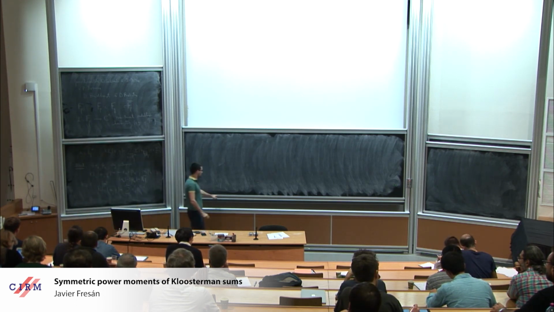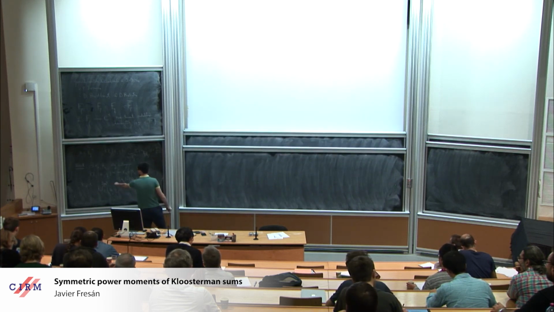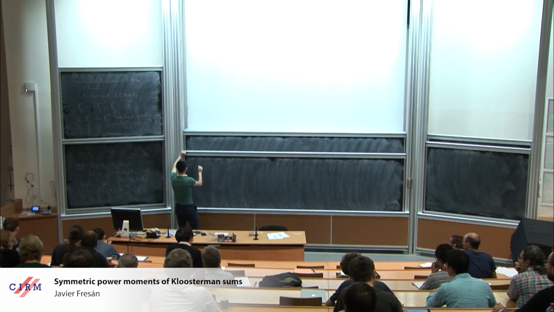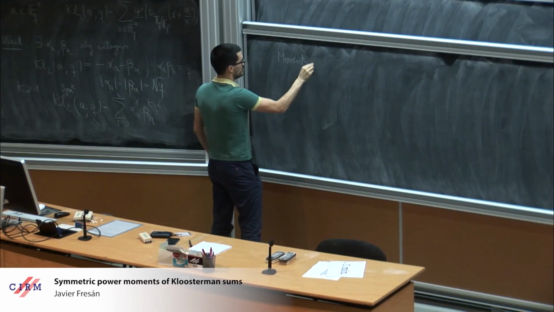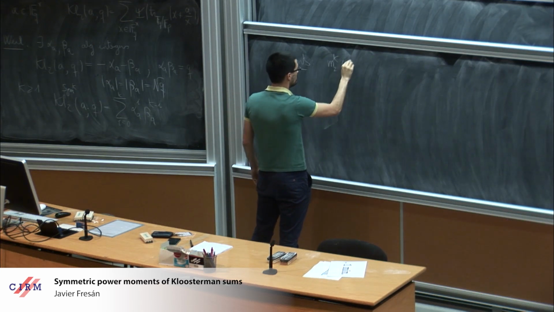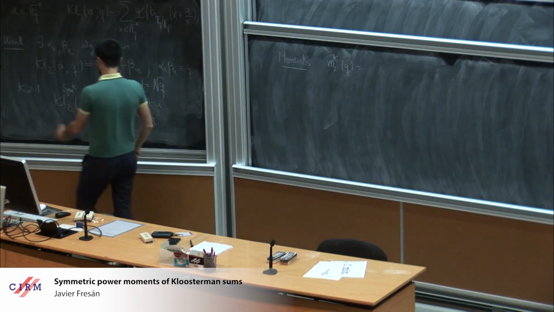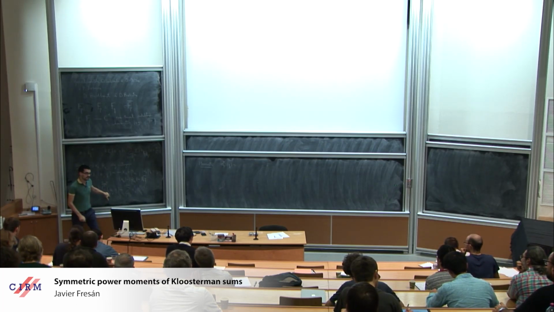Okay, and the thing we really want to study is not these ones, but what people usually call the moments. I'm going to denote M_{2,k}(q). And those are defined by taking these symmetric powers and then summing over all values of a.